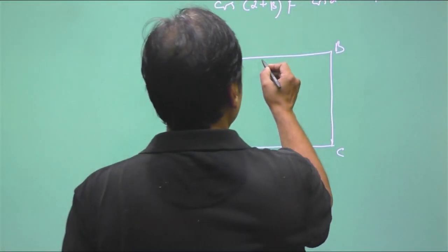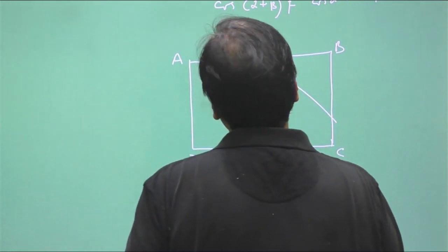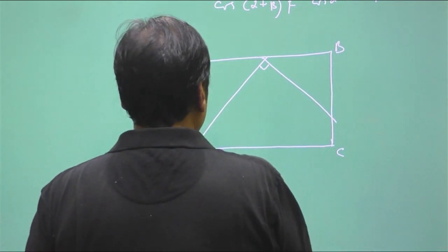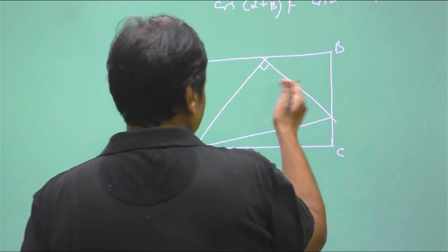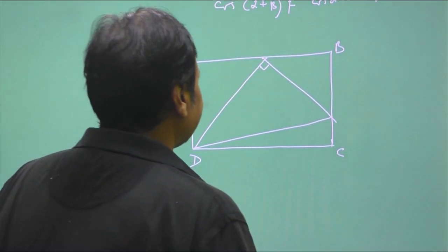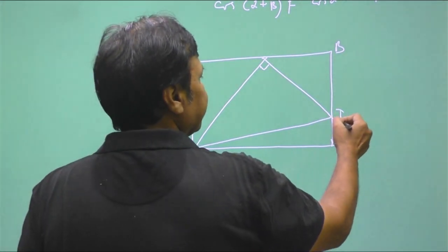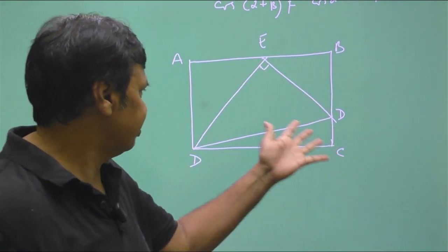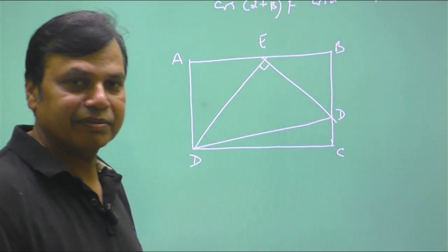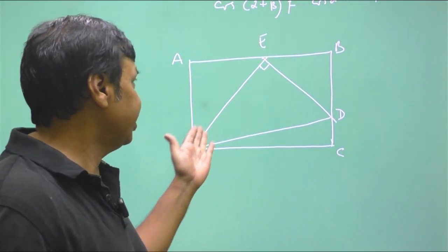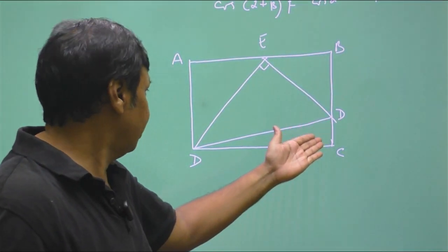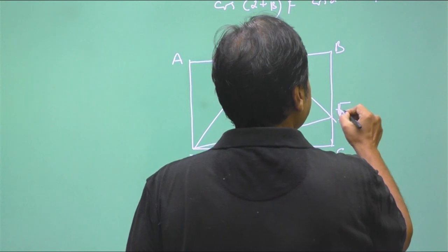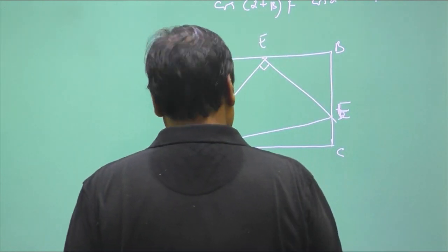So I'm doing one thing here. Draw a perpendicular right angle triangle and inscribe a triangle, name it D, E, and inscribe a right angle triangle, DEF.